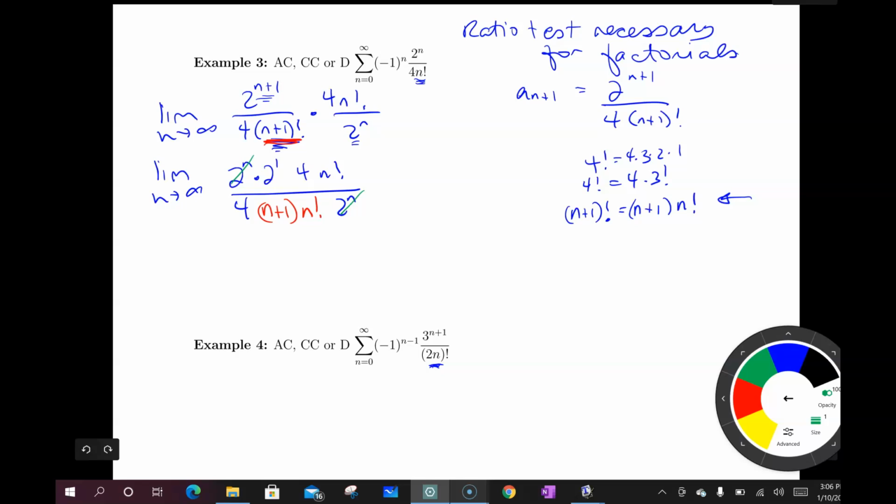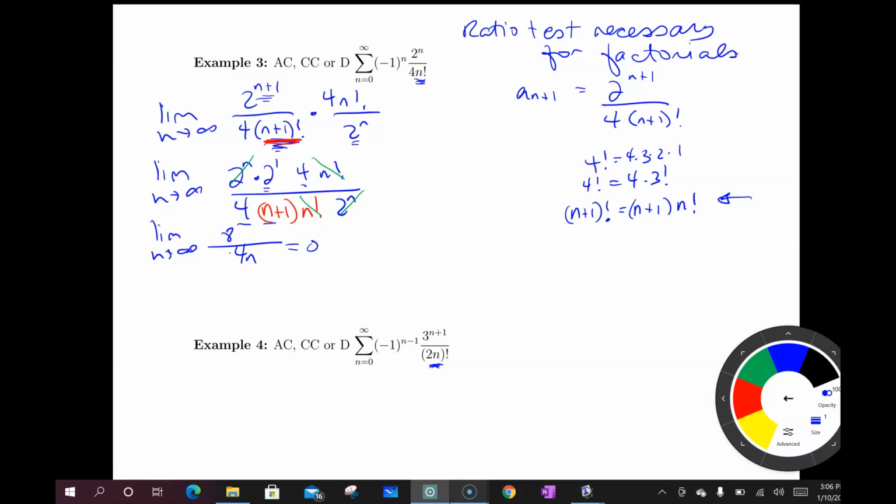Okay, so let's see what canceling I've got. I've got the 2 to the n's going away, and I've got the n factorials going away. So what do I have left? I'll have a 2 times a 4, so that'll give me an 8 in the numerator, right? And in the denominator, just taking highest powers, I would get 4n. Letting n go to infinity, I get 0.